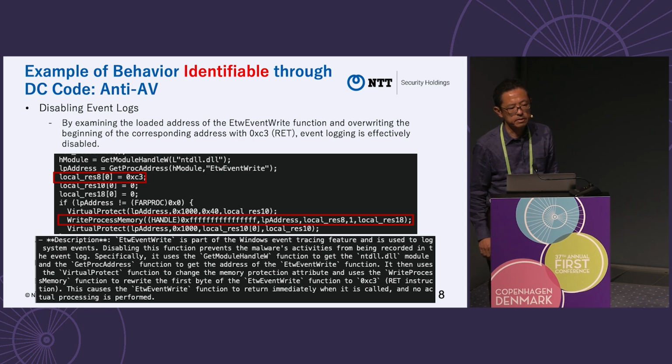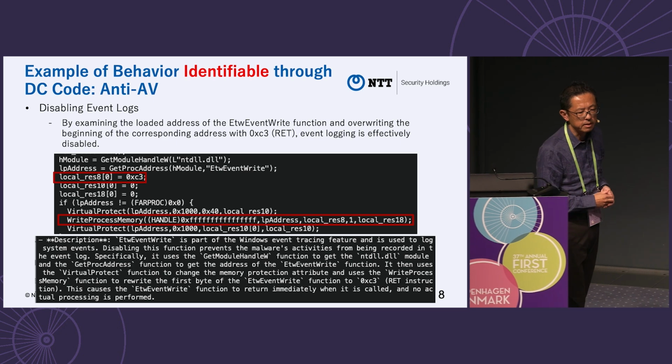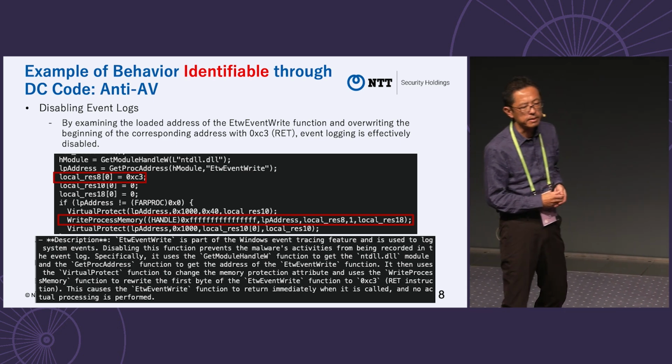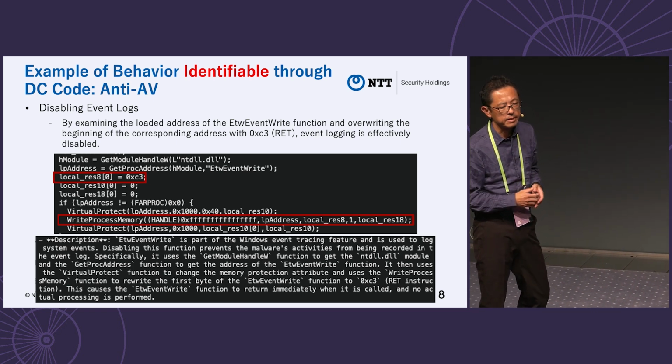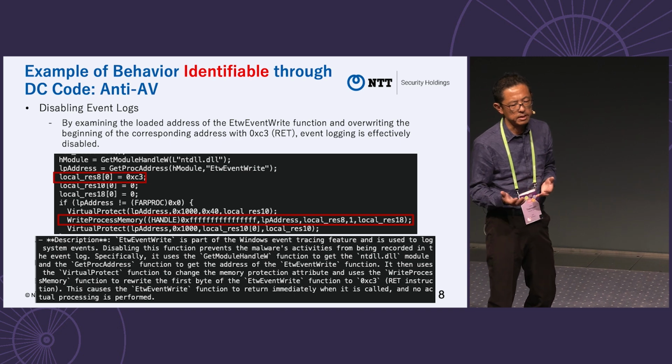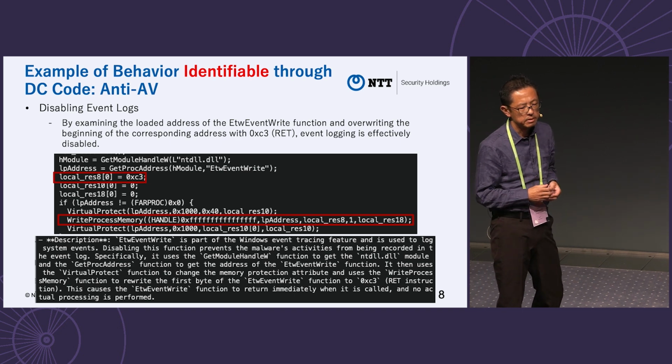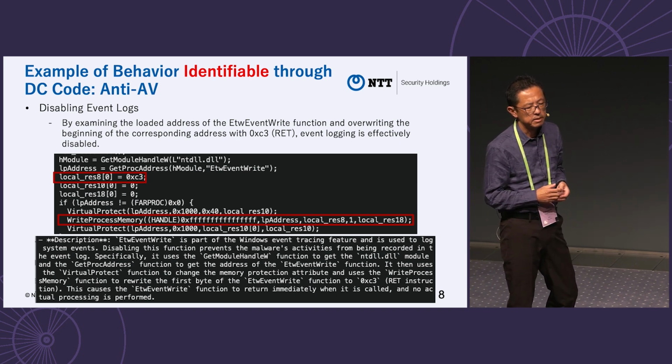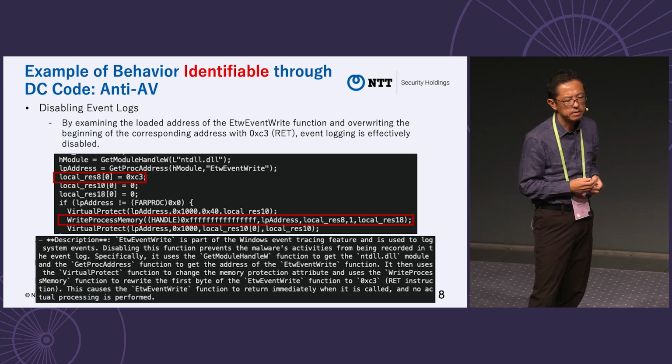Okay, I will explain some examples. This example is behavior identifiable through decompiled code. The category is anti-AV. This code means disabling event logs.